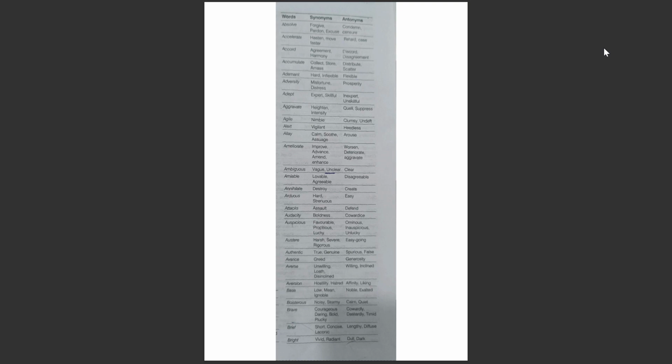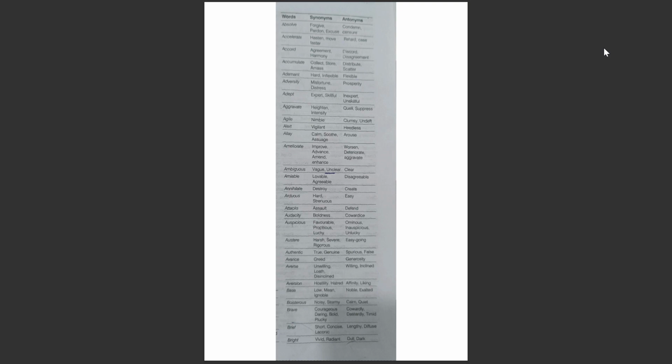To hasten, move faster is what acceleration means. Acceleration means to increase the intensity of. And the antonym would be retard. Retard means to lower the intensity of, to decrease the intensity. That is what the antonym of accelerate would be.